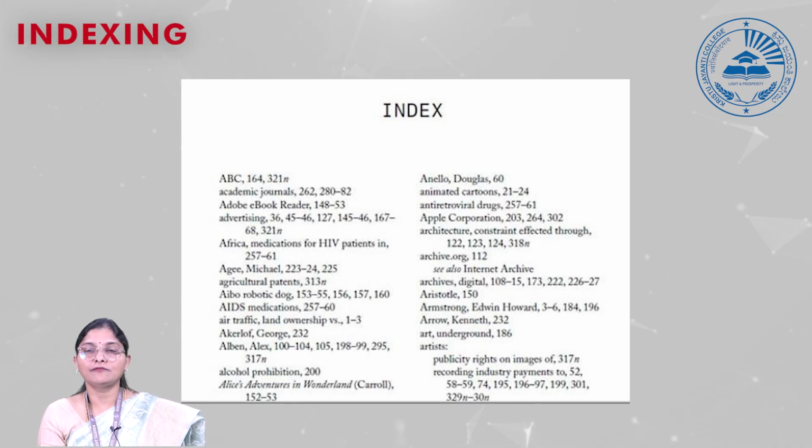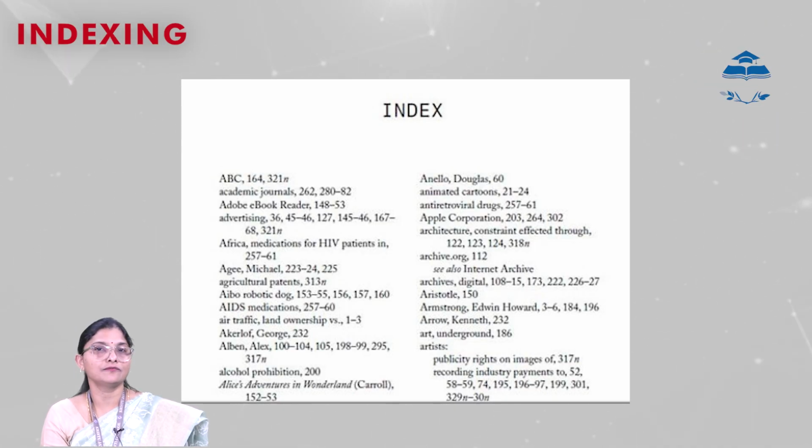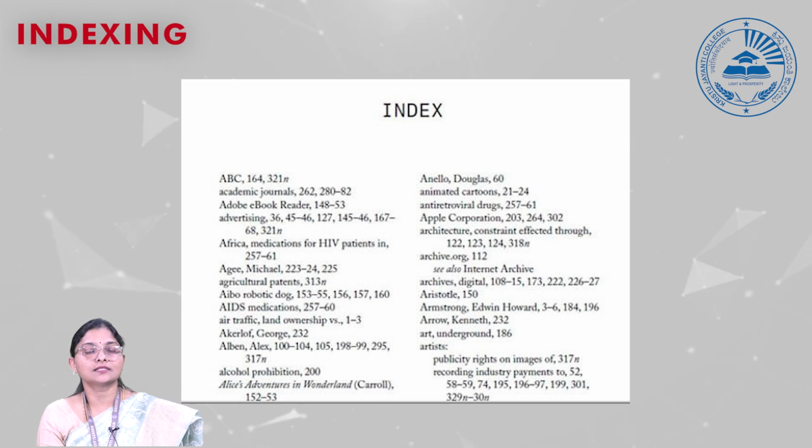The index page is typically found at the back of every book. The index allows readers to efficiently locate specific information without scanning the entire book, as you are seeing in the slide. The important topics are listed and the page numbers are also given.